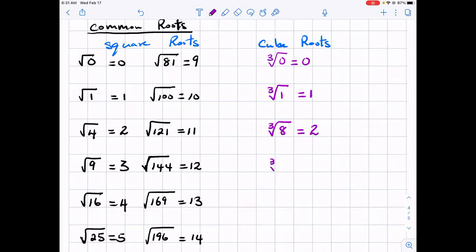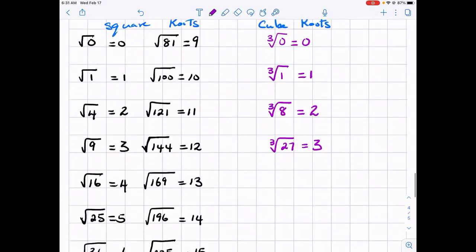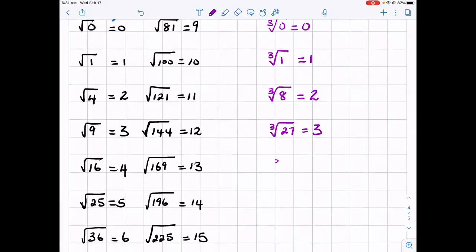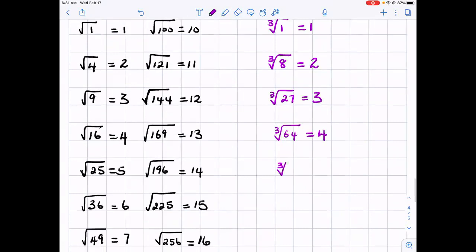The cube root of 27 is equal to 3. The cube root of 64 is equal to 4. And the cube root of 125 is equal to 5. So these are the common cube roots.